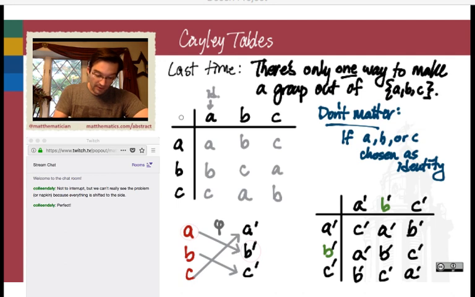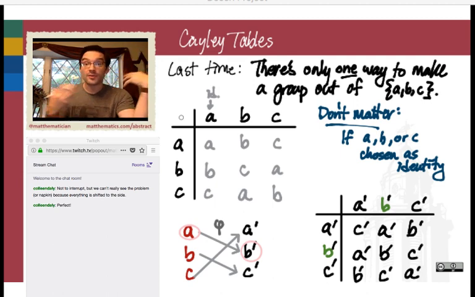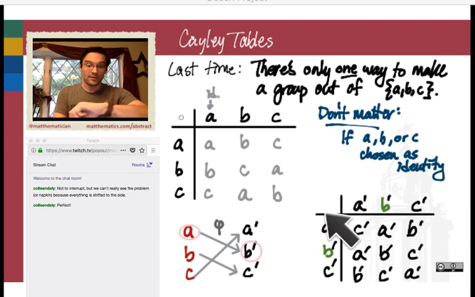That's something that not every bijection between two sets of three elements is going to do. And so it gives me a little bit of reassurance that this function is not only relating elements together, it's relating similar elements together. The elements that are acting abstractly in the same way in these Cayley tables are being related together, at least the identities are. And then we can verify again that B and C are acting in similar ways in this table as A prime and C prime were in this table.